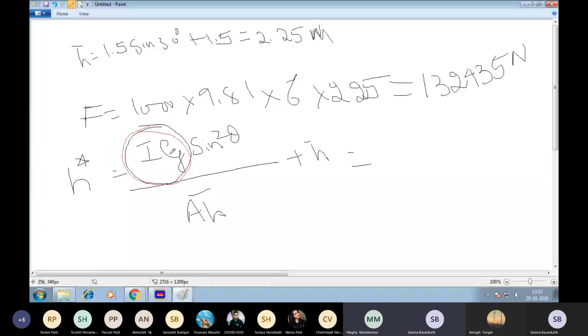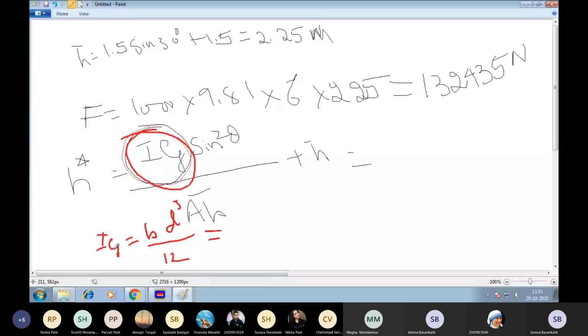Ig is nothing but BD cube divided by 12. So equate the value and tell me the value of Ig. Ma'am, 4.5, ma'am.